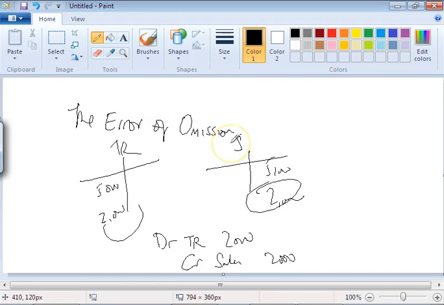And this is the error of omission. This error is not picked up by the trial balance. Yes, there's still an error, but your trial balance is balanced okay. Something had to happen. Either later on you found the invoice, or the customer called you and said, "Oh, I thought we owed you 7,000."